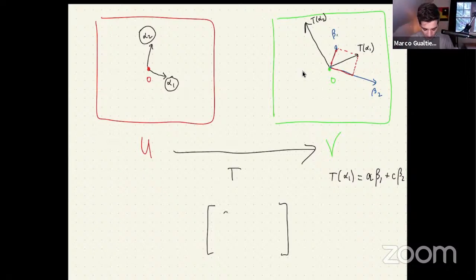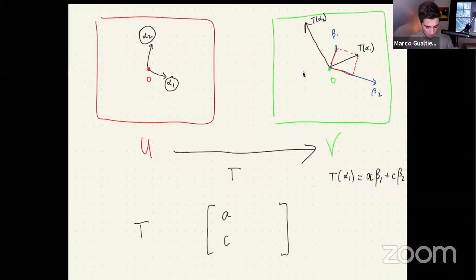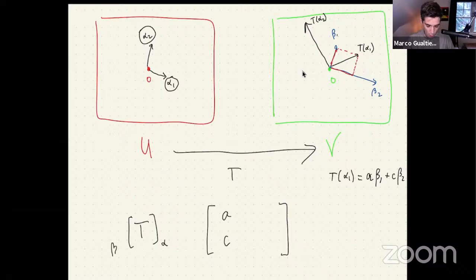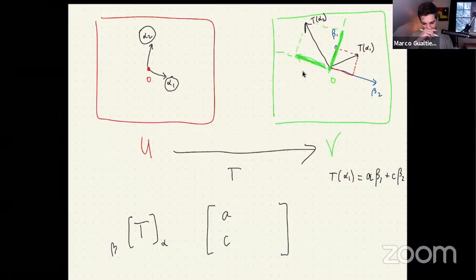So that A and C will go in the first column. Now I do the same thing for T of alpha 2. T of alpha 2 is going to have a component along beta 1 and a component along beta 2.